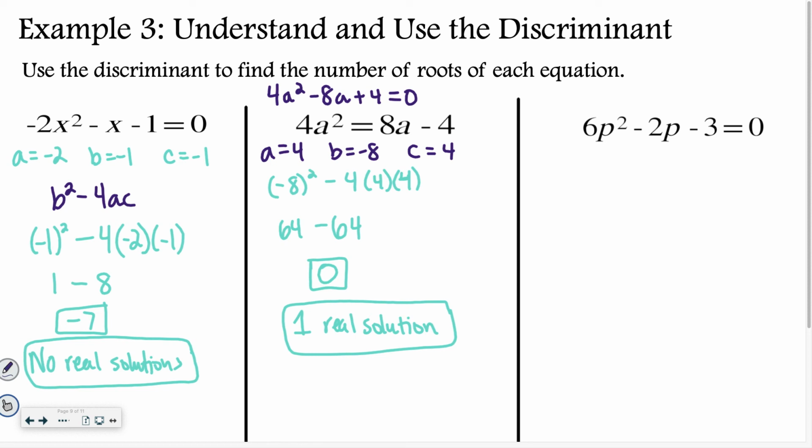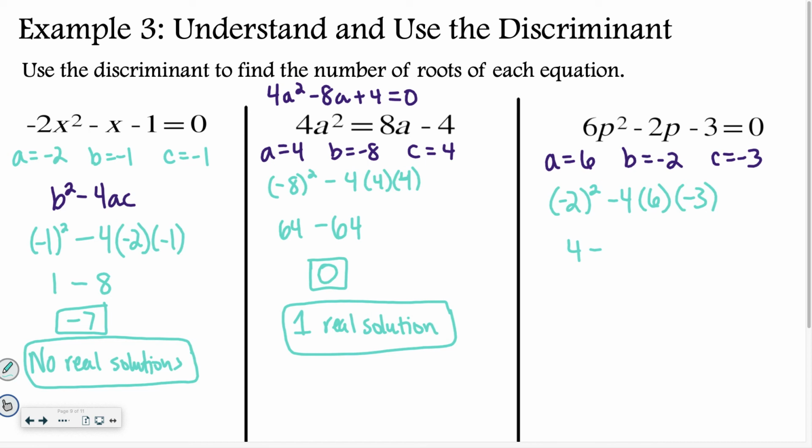Next question, 6p squared minus 2p minus 3. A equals 6, b equals negative 2, and c equals negative 3. B squared, that's negative 2 squared minus 4ac. Negative 2 squared is 4. Then 4 times 6 is 24, times negative 3 is negative 72.